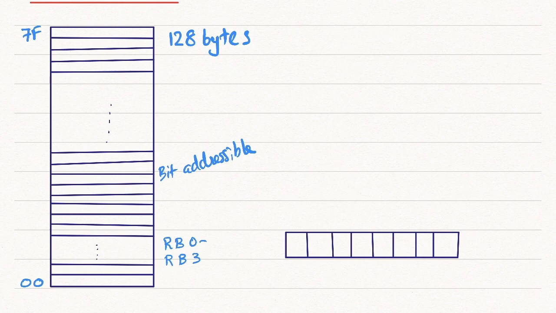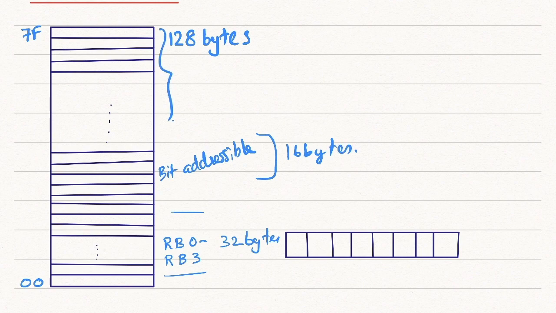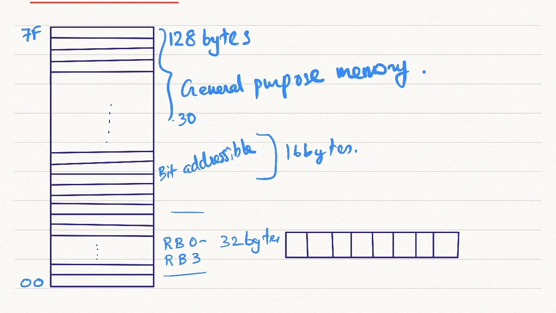So here the register bank is around 32 bytes, and bit addressable memory is around 16 bytes. And finally, we have the general purpose memory on top of the RAM, from the base address 30 to 7F. This is called general purpose memory. So this is the basic memory structure of 8051.